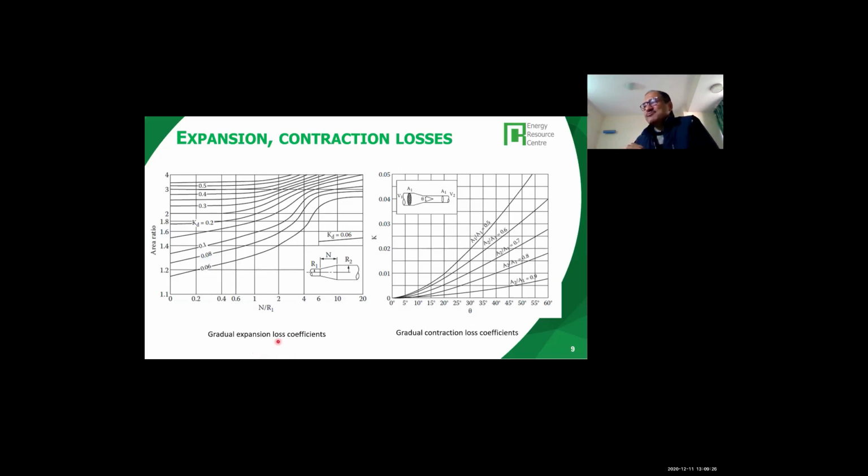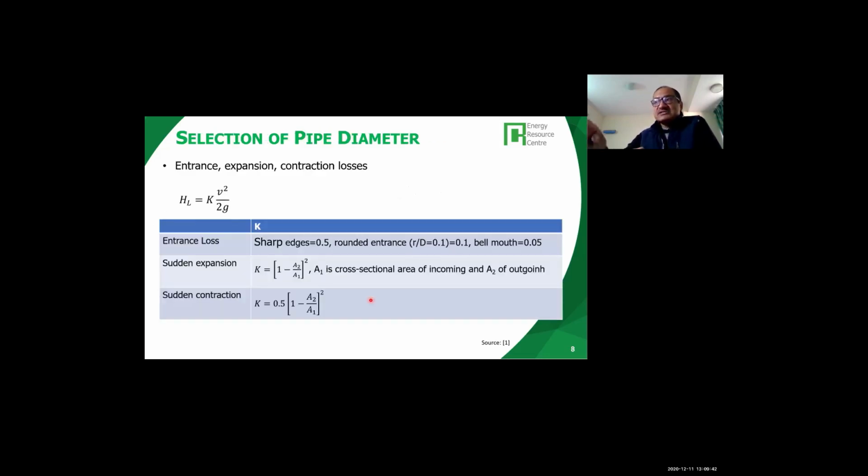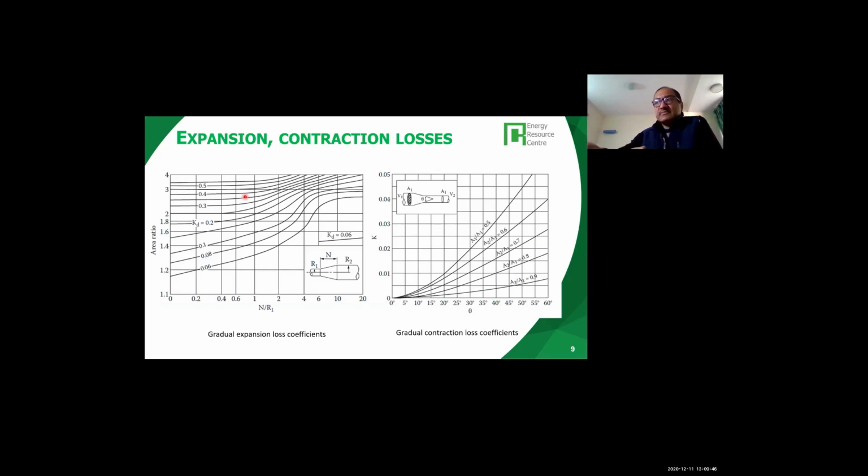Similarly, for gradual expansion, these are the values of K, and for gradual contraction loss coefficient, these are the values of K. These K values are used with the velocity head.